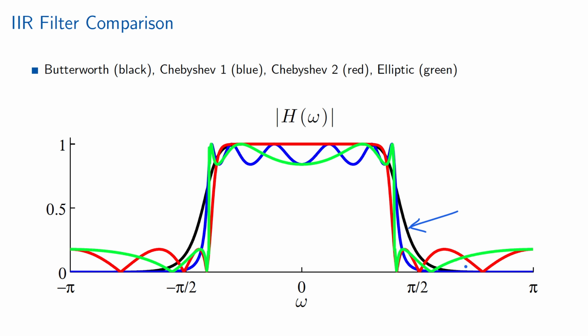Followed by the red and blue Chebyshev 1 and 2, and these actually have a similar transition width. They just look different here because of the way I've offset the curves so you can see them stand apart. And then finally, you see the extremely steep green elliptic filter transition that is really a hallmark of that particular filter.